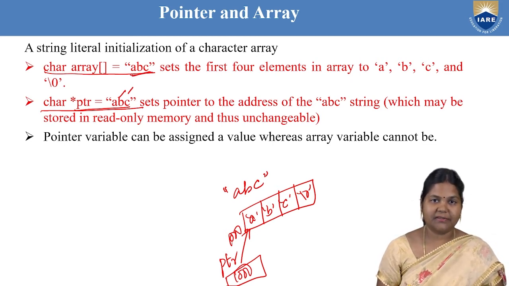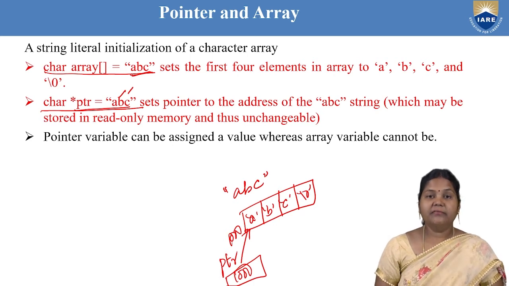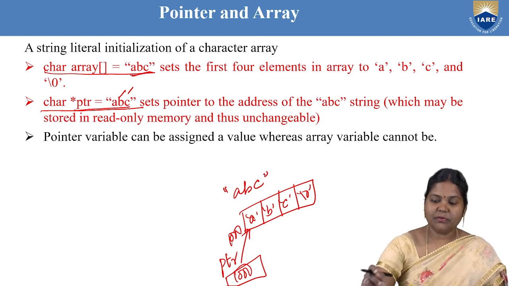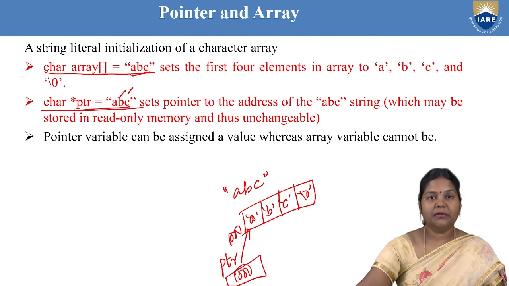That is the difference. Now, the second difference: pointer variables can be assigned a value, whereas an array variable cannot be assigned a value. So to a pointer variable you can assign a value, but you cannot assign a value to an array variable. These are the two differences between pointers and arrays.